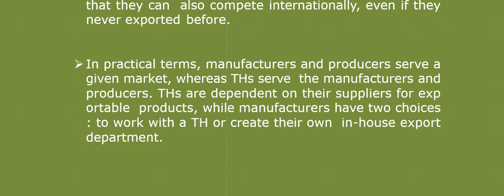TH, meaning the trading house, are dependent on their supplier for exportable product, while manufacturers have two choices: work with a trade house or create their own in-house export department. Do you know what a trade house means?